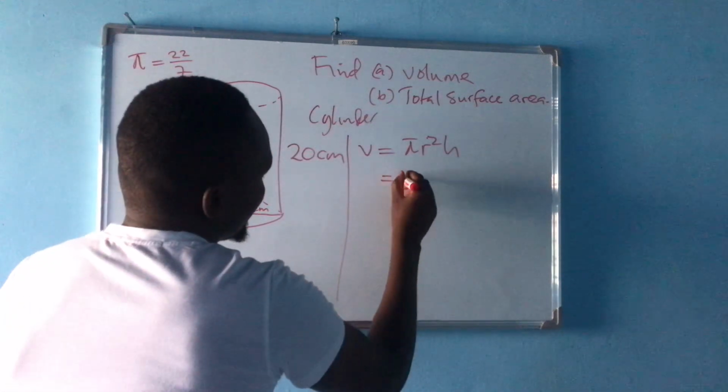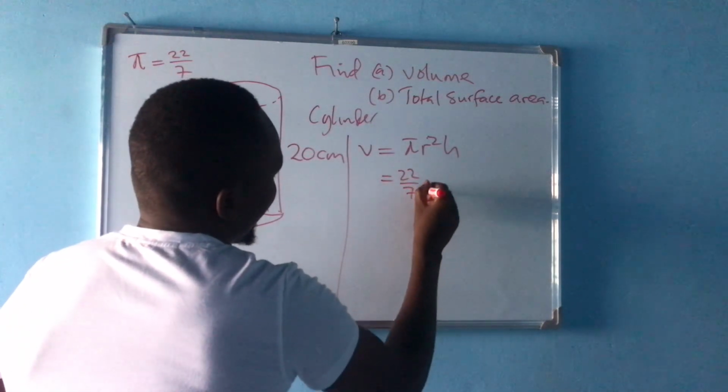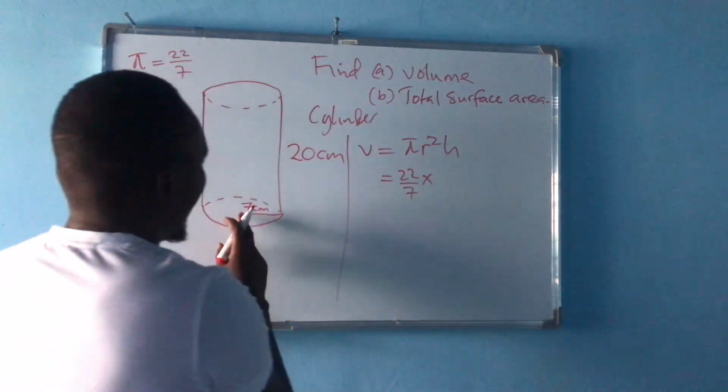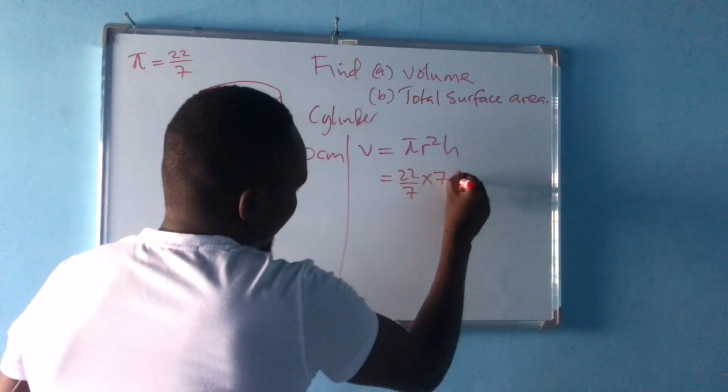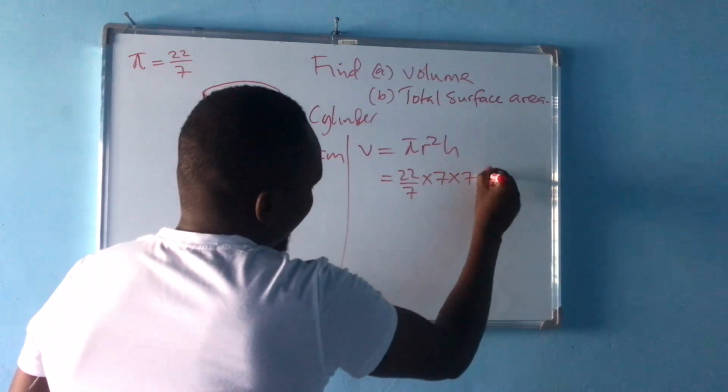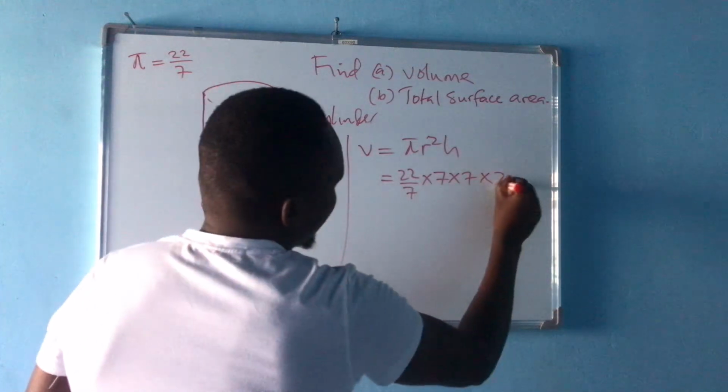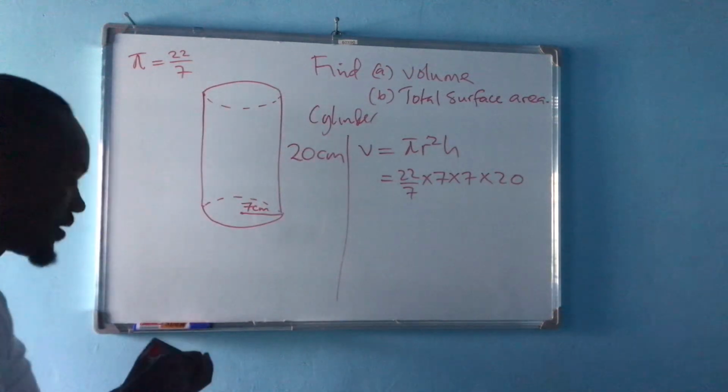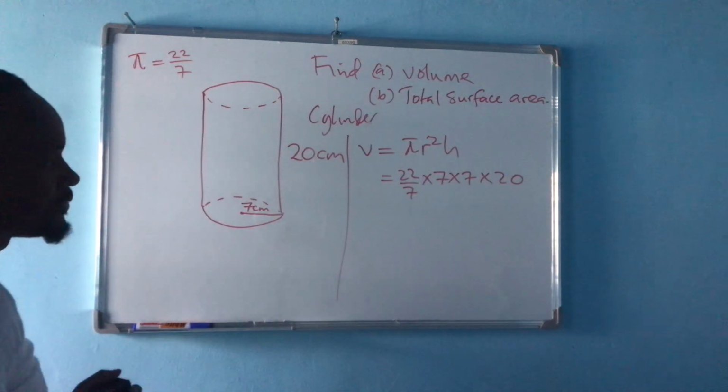So this will equal 22/7 multiplied by the radius, which is 7, so 7 times 7, multiplied by the height, which is 20. So that is what we are going to have.